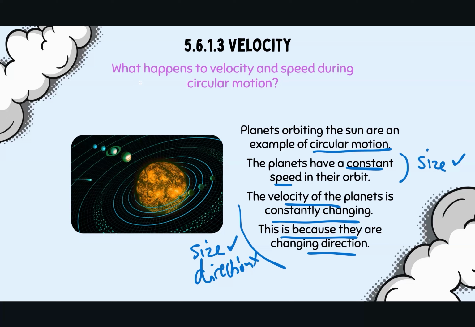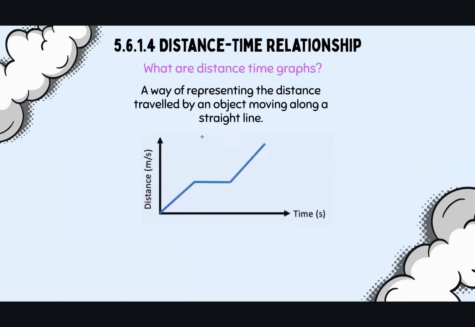Now, what is change in velocity divided by time? It's acceleration. So in that respect, the planet is accelerating around the sun, even though the speed doesn't change. It's because the direction is changing. So the velocity is not constant. It's constantly changing.